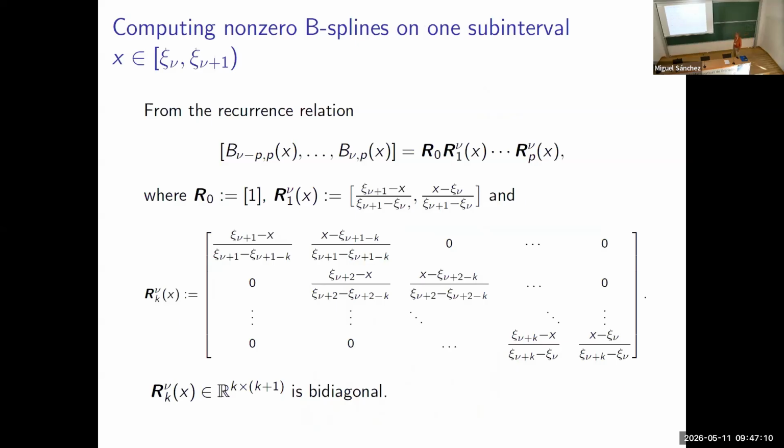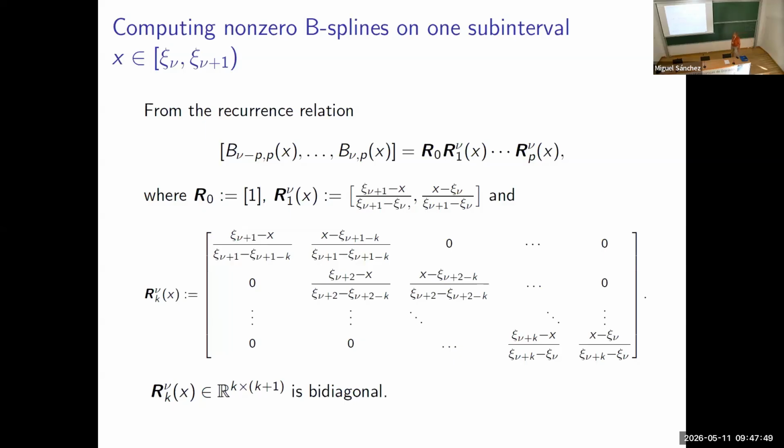Okay, so now let's get to how we can compute with B-splines. Usually you consider one subinterval, since it's a piecewise polynomial on each subinterval. You take the B-splines which belong to one subinterval and a point x in that interval. How can you find the values of these B-splines in that subinterval? The way I'm going to do it is the way we do it in the notes with Merkin.